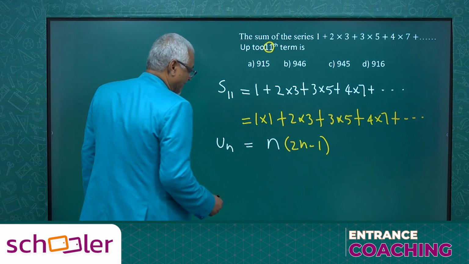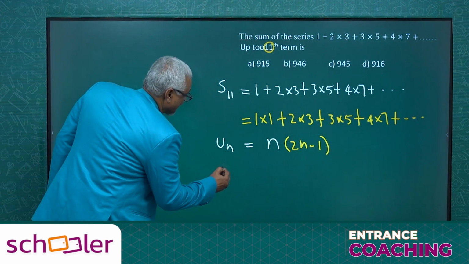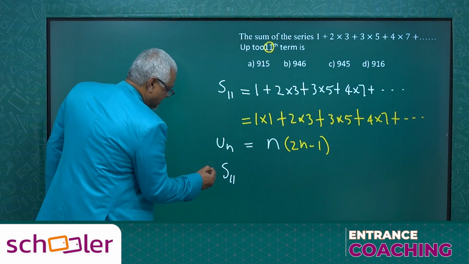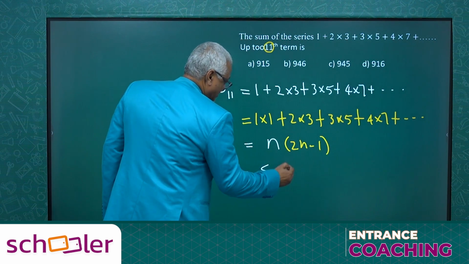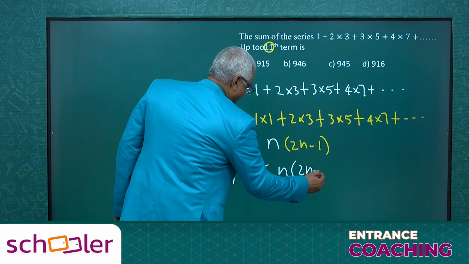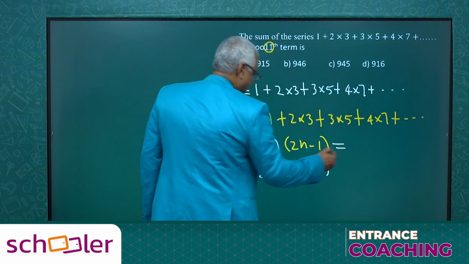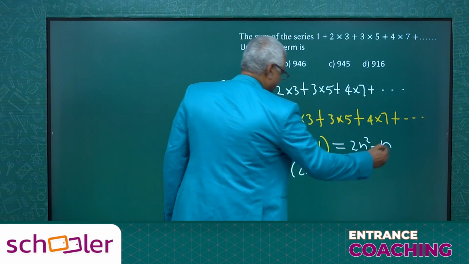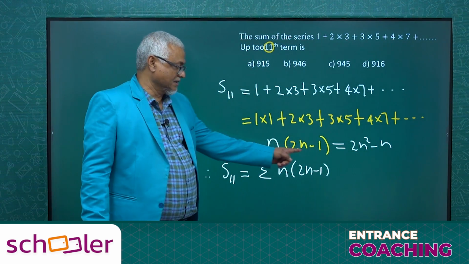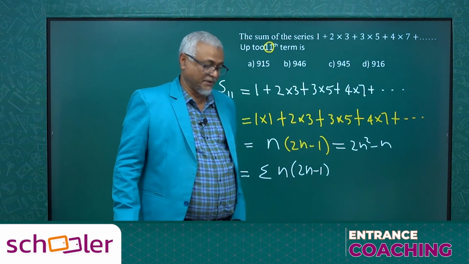So, n into 2n minus 1. What is the sum? Therefore, it is sigma n into 2n minus 1. Of course, we need to simplify this. This is equal to 2n square minus n. After simplifying the nth term, we get 2n square minus n.